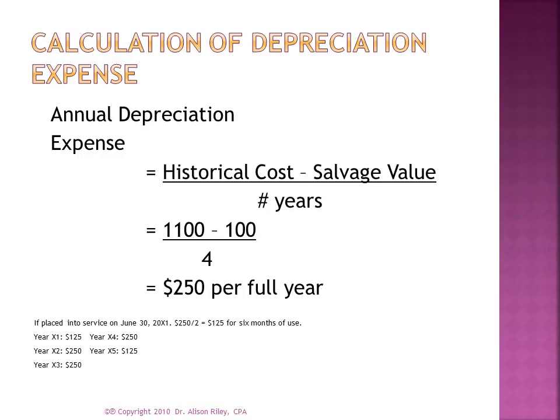For example, if this asset were placed into service on June 30th, only $125 of depreciation expense would be recorded on the financial statements for the first calendar year of its use. For years 2 through 4, the expense will be $250 each year, and for the 5th year the expense will once again be $125.